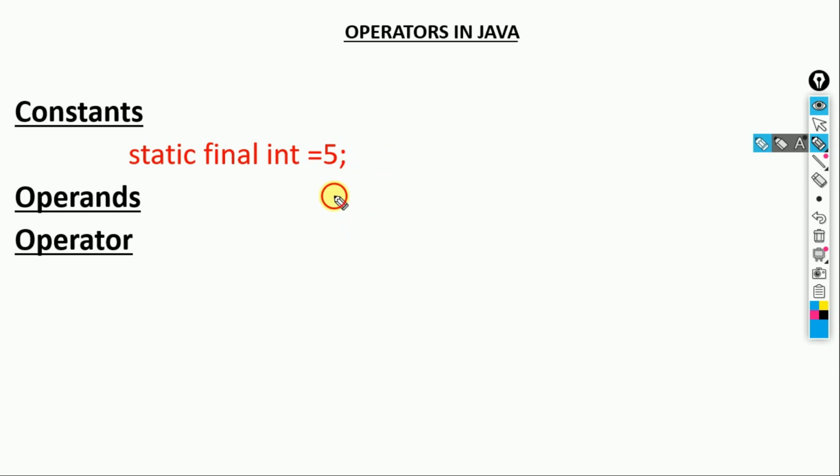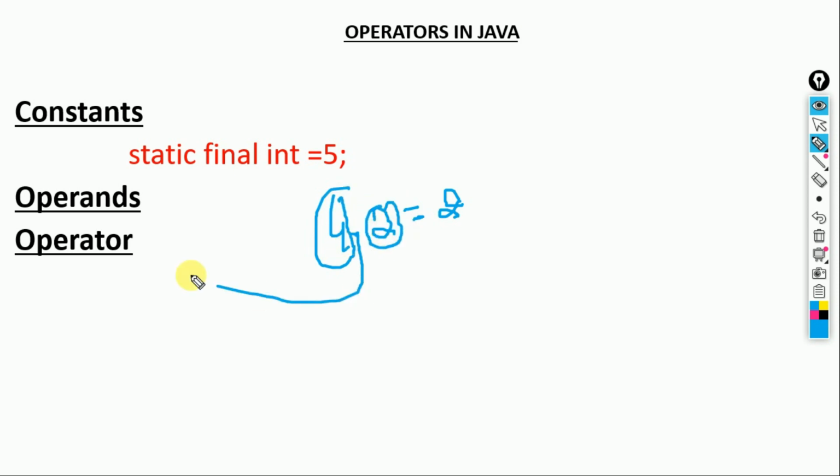I take one operand 4 and another operand 2, and 4 minus 2 is equal to 2. Here 4 is my operand and 2 is my operand. The minus acts as an operator in between, which guides our operands on what to do. It is actually an instructor to our operands.